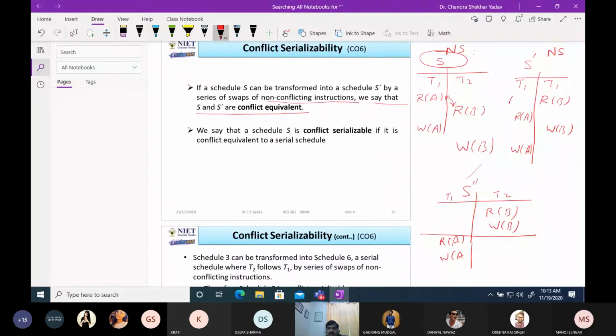I hope you understood the concept of conflict serializability. It also ensures the property of isolation, and if any non-serial schedule is conflict serializable, it means the data of the database will remain in a consistent state. Did you get it?